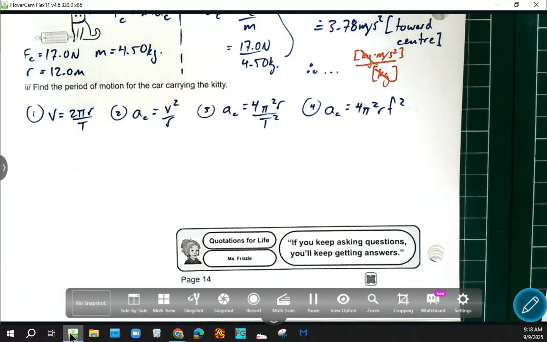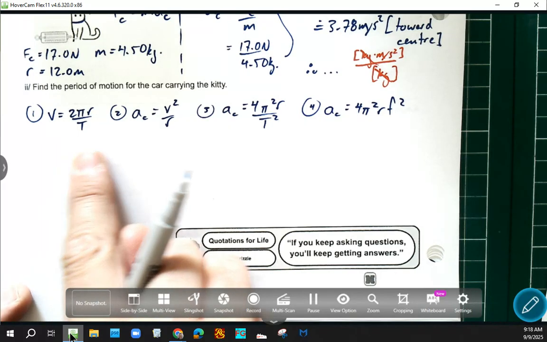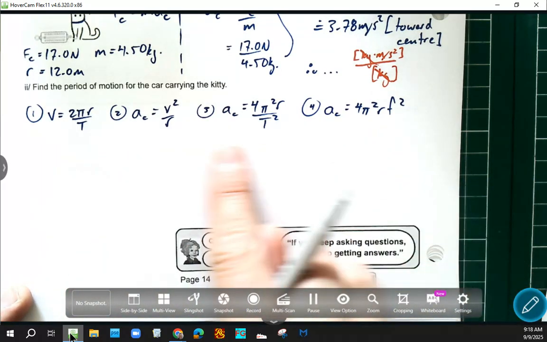And if I want to find the period of motion for this car going around in the circle, is there an equation that's the best one I could cherry pick from this list? Which one do you like? Equation 1, 2, 3, or 4? Based on what we know so far. Fickle finger of fate.